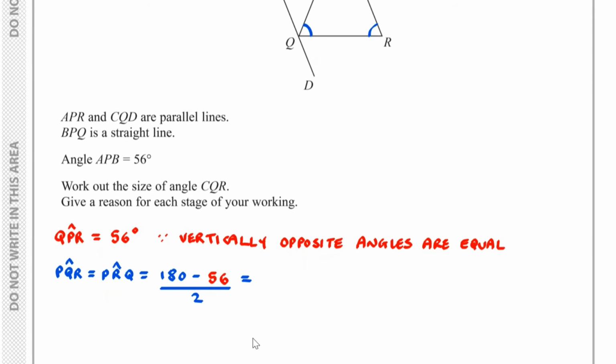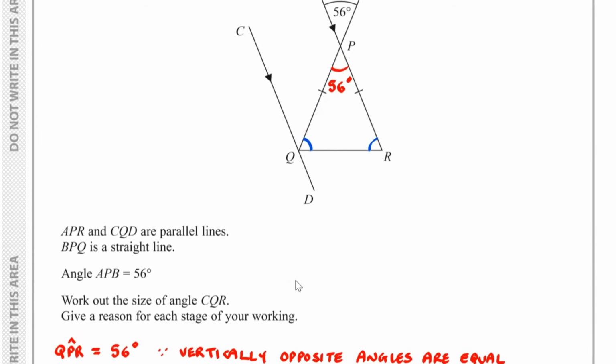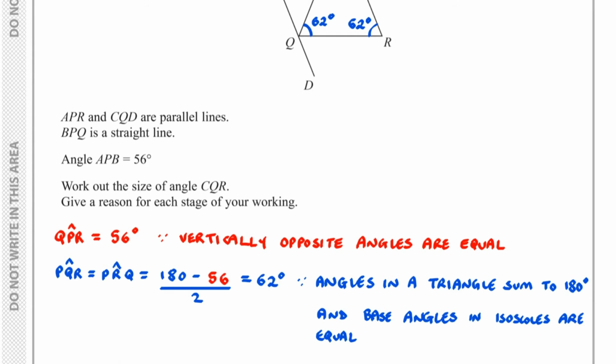So if I work this out, we get 62 degrees. So we have 62 degrees here and 62 degrees here. So angles in a triangle sum to 180 and the base angles in an isosceles are equal.